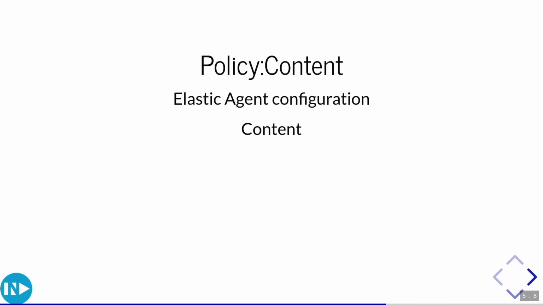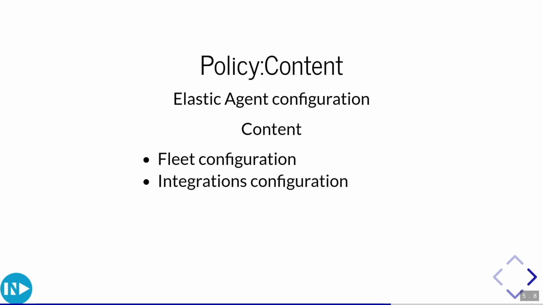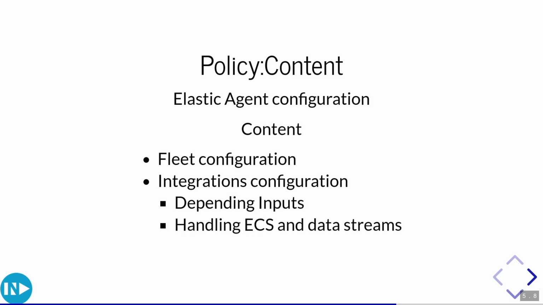Then the policy, the content of the policy. You configure policies in Fleet as well, and the content is the Fleet configuration, so the address where the agent is matched from, the integrations configuration itself, then the depending inputs, then handling the ECS and data streams. What is the ECS?